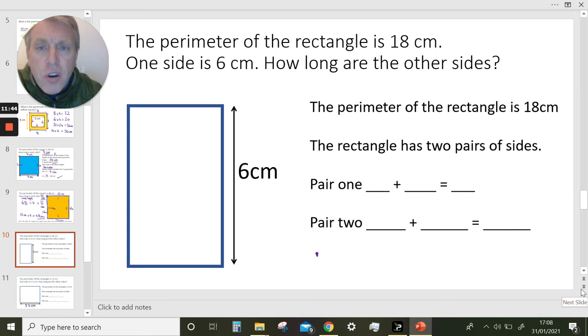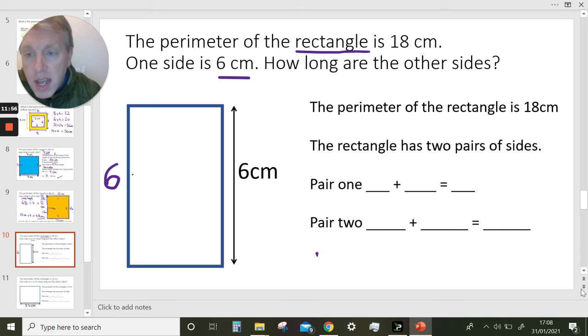Now, the perimeter of the rectangle is 18 centimetres. One side is 6 centimetres. Okay, well, first of all, let me just say straight away, the opposite side must be 6 centimetres as well, mustn't it? That's how rectangles work. How long are the other sides?